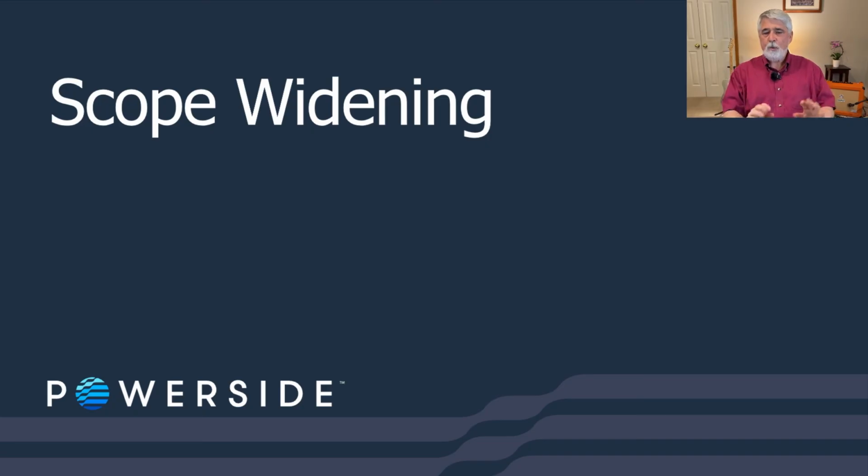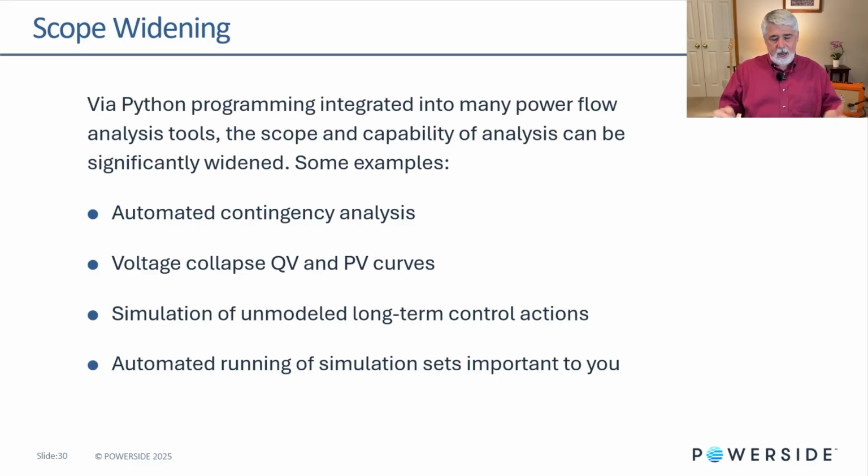Now, I spoke about this while we were enumerating those items. Scope widening. What has come on the scene in the last 15 or so years is the Python programming language, which has now been integrated into many power flow analysis tools and harmonic tools and stability tools and short circuit tools, depending on the providers of the software.